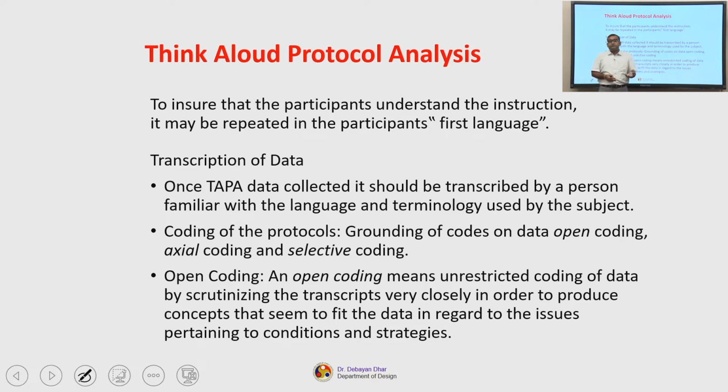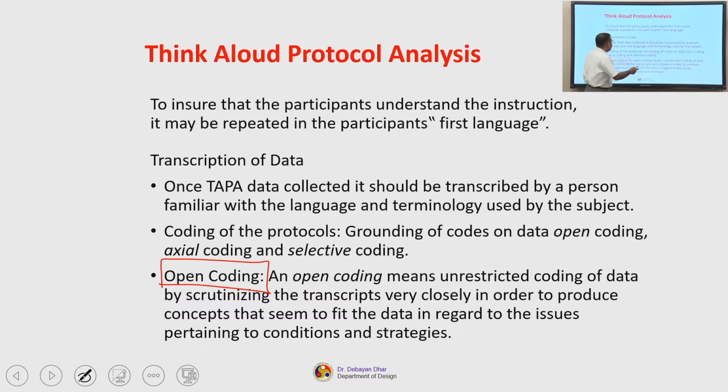Now, what is open coding? Open coding means unrestricted coding of data by scrutinizing the transcripts very closely in order to produce concepts that seem to fit the data in regard to the issues pertaining to conditions and strategies. The word open coding means there is no restriction to the kind of codes that you are generating.